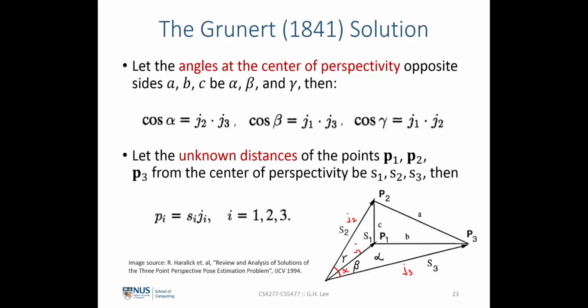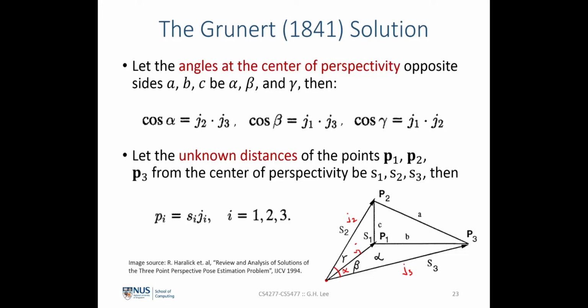So now let us further denote the unknown distances between the points P1, P2, P3 from the center of projection here. We will denote the length of this vector as S1, S2, S3. So S1 represents the magnitude from the camera center to P1. S2 represents the magnitude of the distance from the camera center to P2, and S3 represents the magnitude from the camera center to P3.